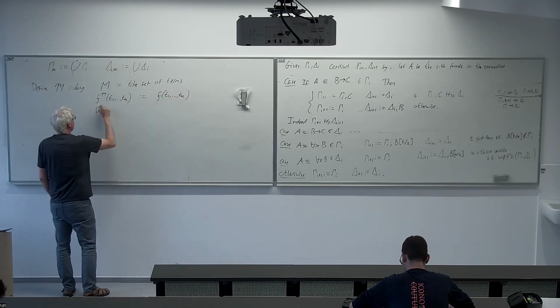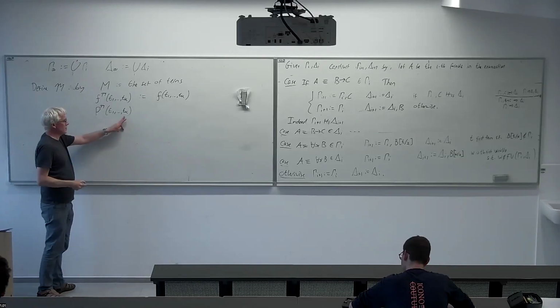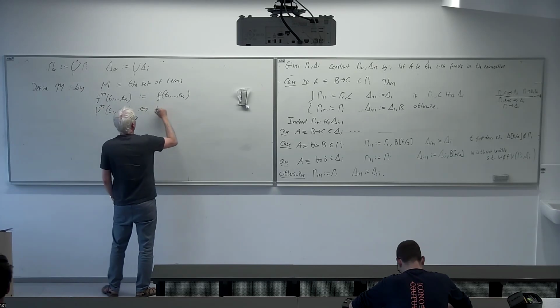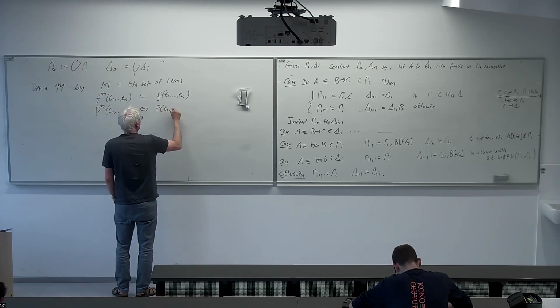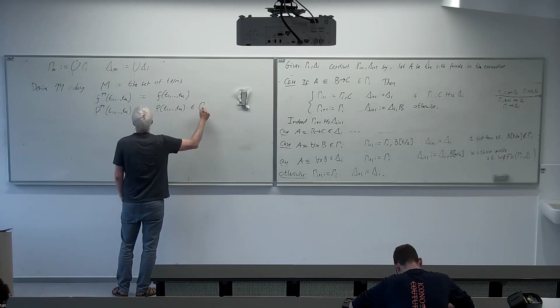A predicate symbol in M applied to some parameters from M, which are simply terms, is defined to hold if and only if the atomic formula P T1 to Tk is contained in gamma infinity.